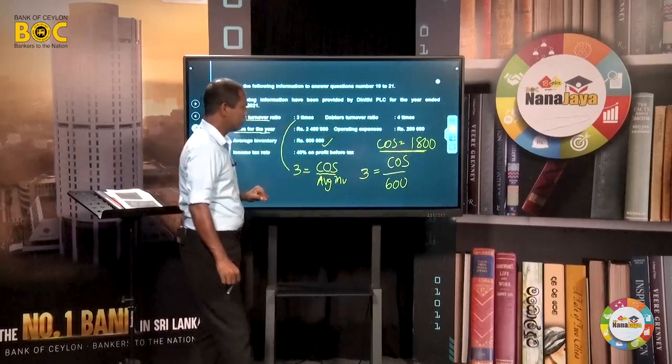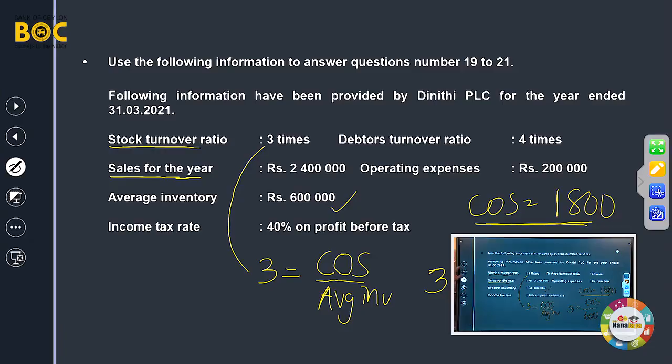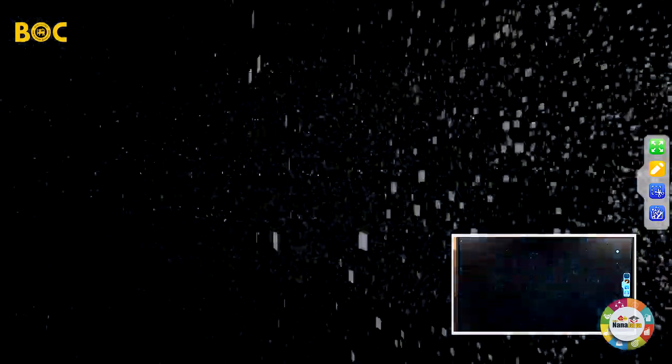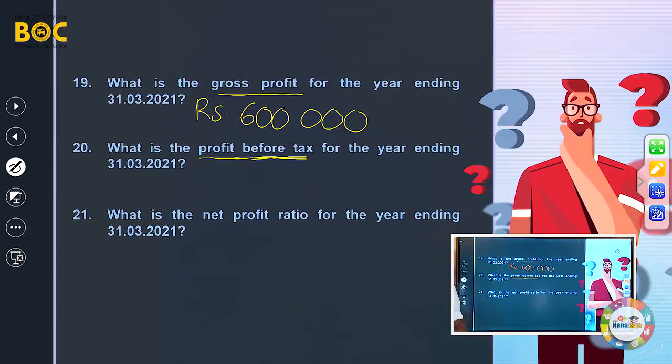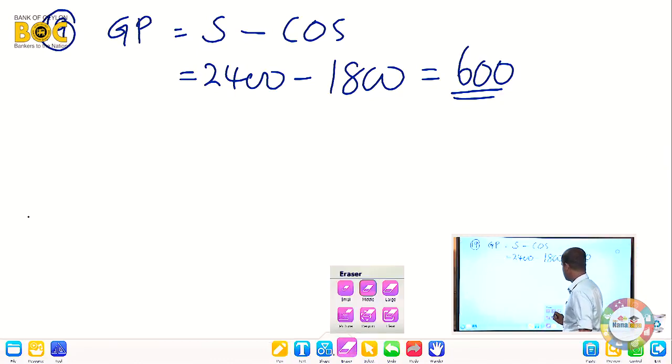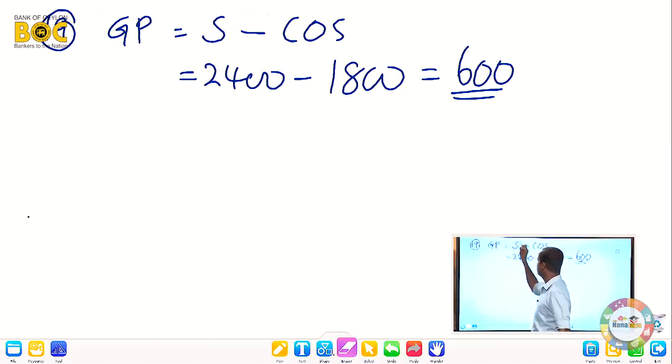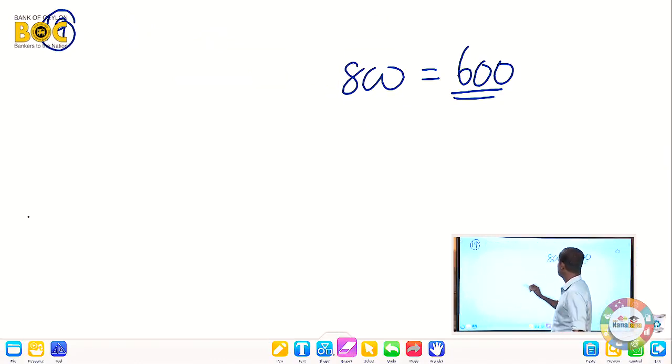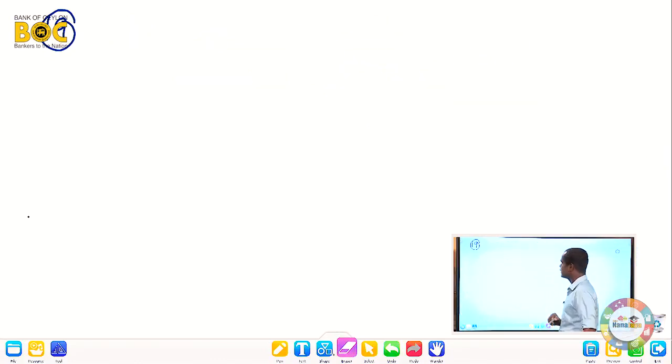Operating expense is also given. The question requirement is profit before tax. Now we have gross profit of 600,000.